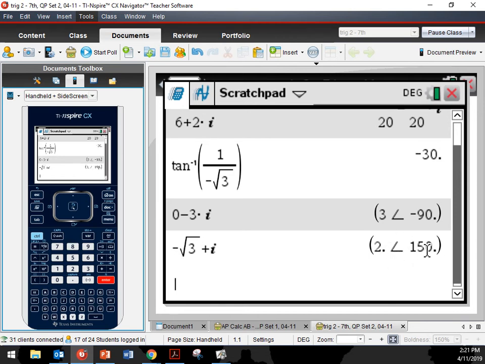This does this in degrees. It won't do it in radian. Why will it not do it in radian? Pi. Because pi is the decimal, isn't it? Yeah. That's why. So always try to do this in degrees and then just convert your answer back. So this is 2 CIS 150.